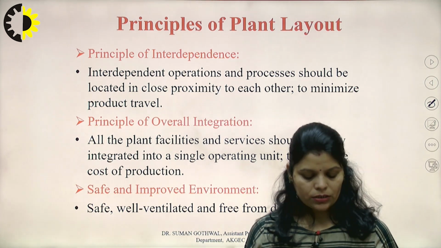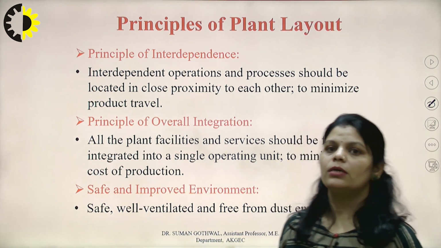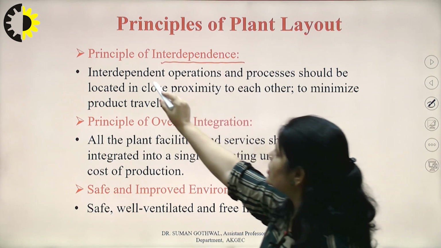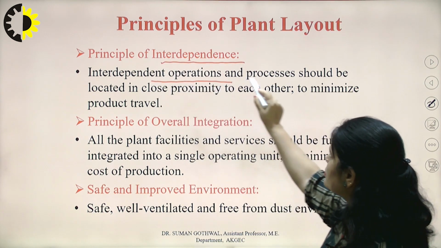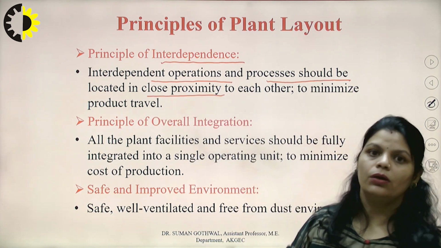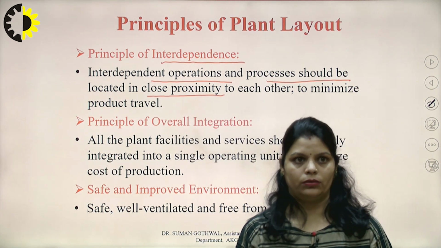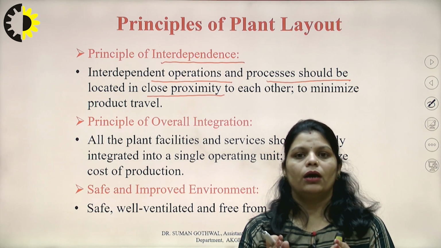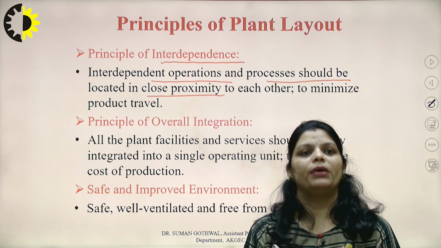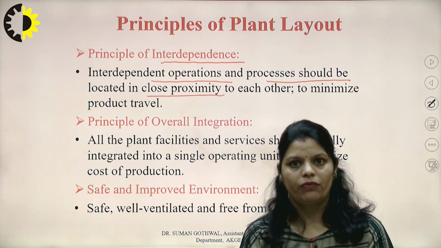Then the next principle is the principle of interdependence. What does it mean? Interdependent operations and processes should be located in close proximity to each other. Why? To minimize the product travel.